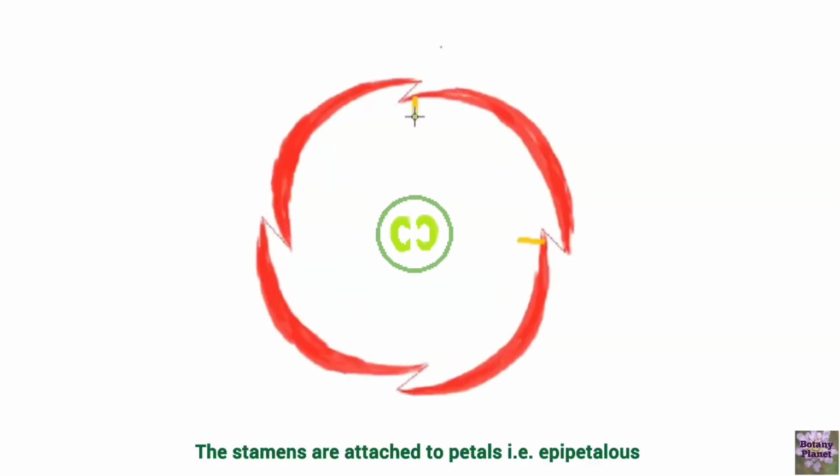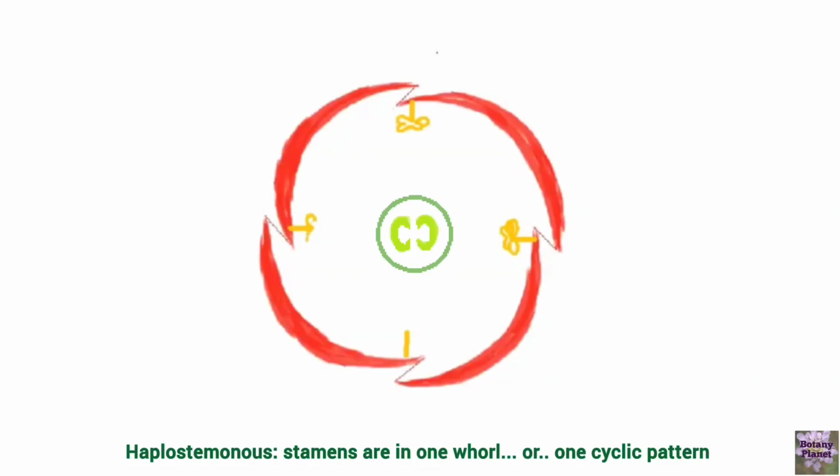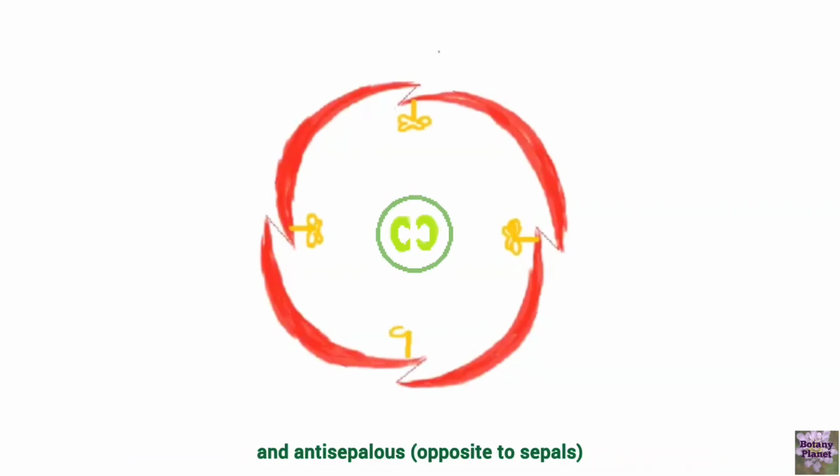The stamens are attached to the petals, that is epipetalous. They are dithecous and introrse, dehiscing towards the center. Haplostemonous. Stamens are in one whorl or one cyclic pattern and equal to the number of petals and sepals, and antisepalous, that is opposite to sepals.